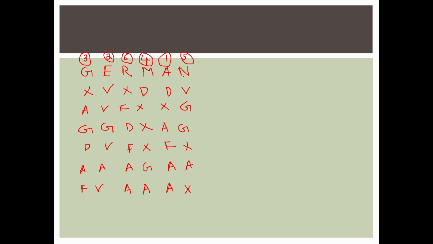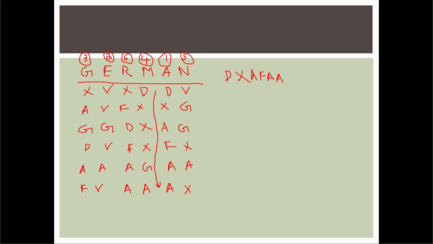So now in accordance with the alphabetical order, you have to write all the characters corresponding to each of the columns. Now below A we have DXAFAA. And under E we have WGVAV.